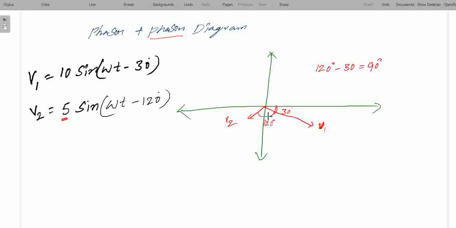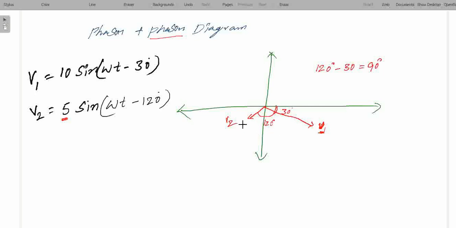Now tell me, with respect to V1, is V2 leading or lagging? With respect to V1, it is in the clockwise direction.